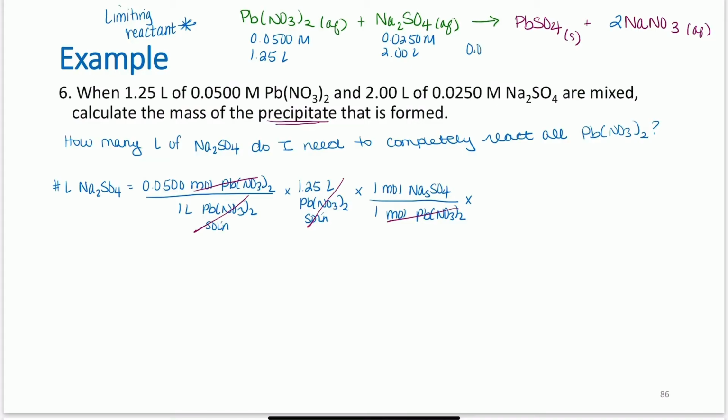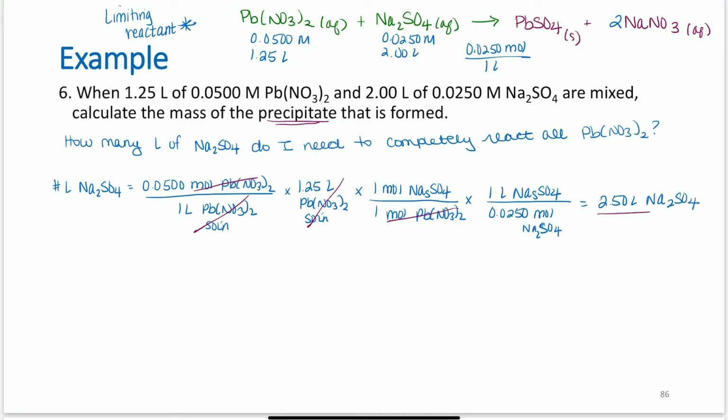Remember, that means 0.0250 moles per 1 liter, which means I can write it either direction. So I'm going to say 1 liter of sodium sulfate solution to 0.0250 moles of sodium sulfate. This gives me 2.50 liters of Na2SO4.